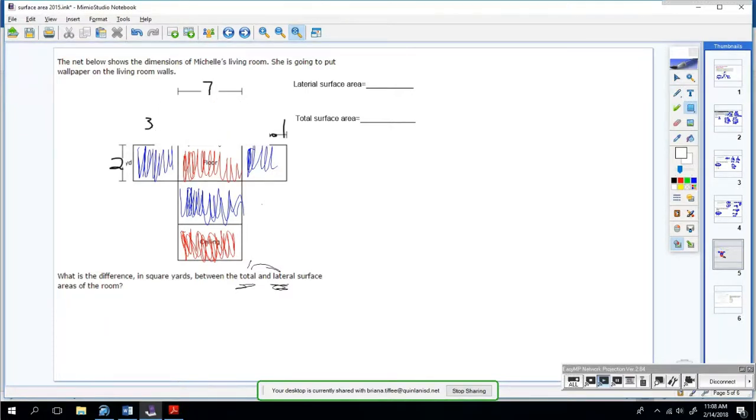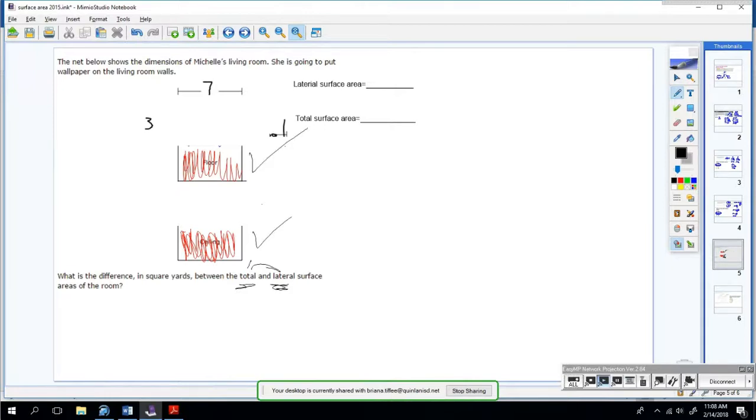Get rid of this one. Get rid of that one. Get rid of that one. And get rid of that one. So when I get rid of all my lateral faces, the only thing that's left is my two bases. So the difference between a total and lateral surface area is the base. So all you have to do is find the area of the bases.